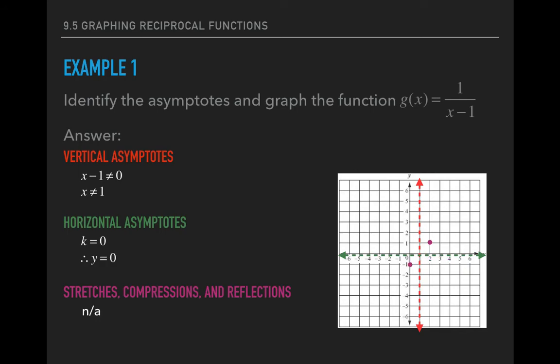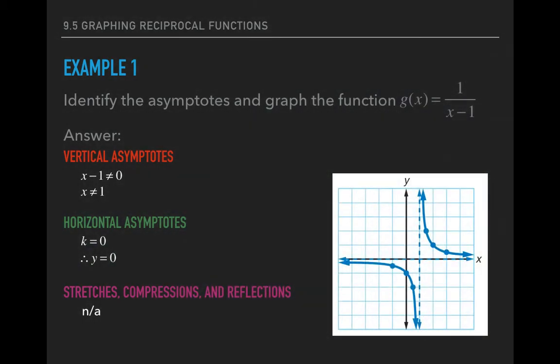If you plugged in 0, the output would be -1. And if you did a few more, this is the structure you would have. Take a moment to get that nice sketch. It doesn't matter which x values you choose, you just want to pick a few so that you can see very clearly the shape of your graph.